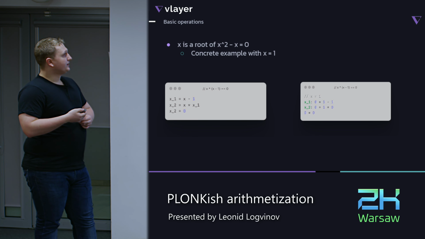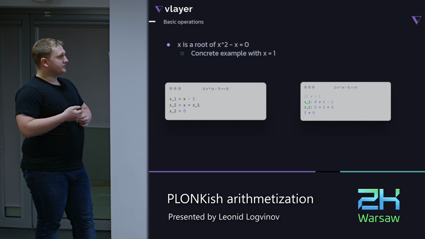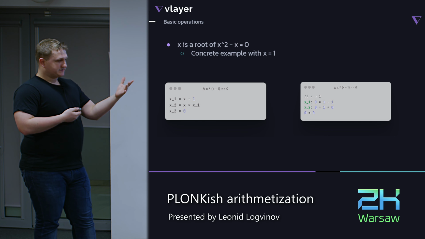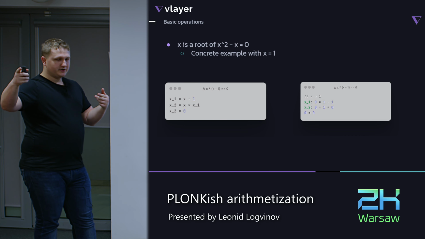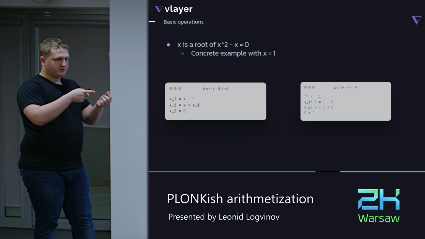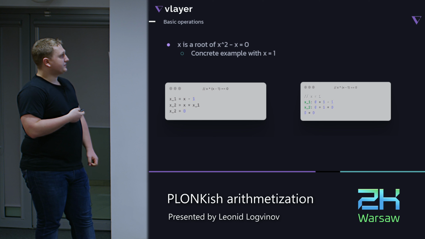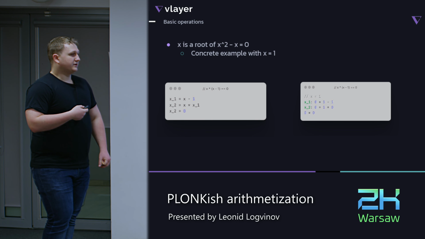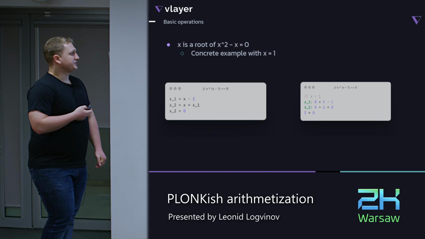This is important because we don't have bits as built-in types. We have just field elements, which are huge, but they can contain values of 0 and 1. And it's important for us to be able to represent the bits, because later we can express other operations when we switch the number into the bit representation.